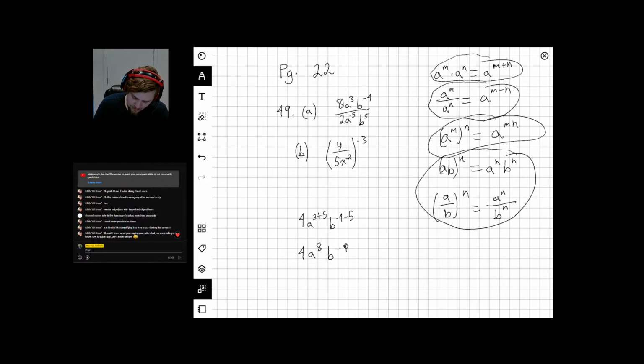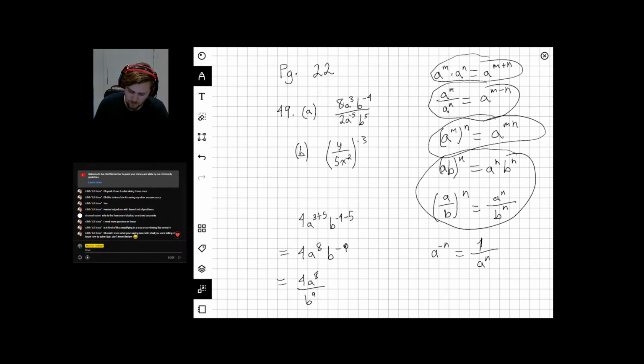But we don't want negative exponents, so we're going to turn this into 4a^8 over b^9. And what says we can do that? That's like property zero. I wrote it on the other page, but a to the negative n equals 1 over a to the positive n.